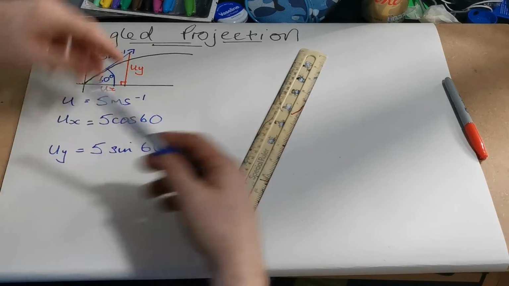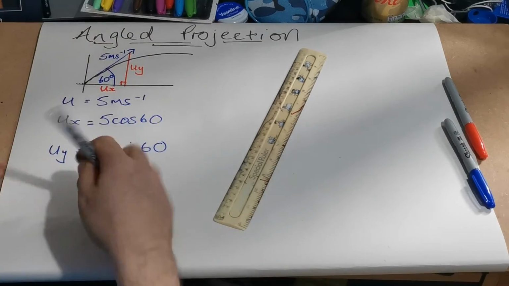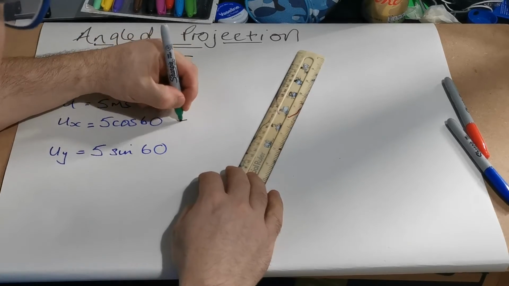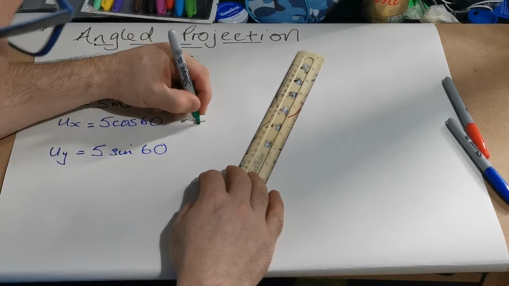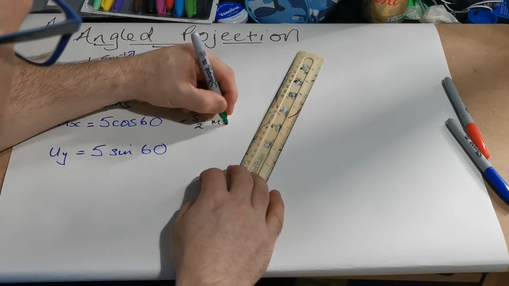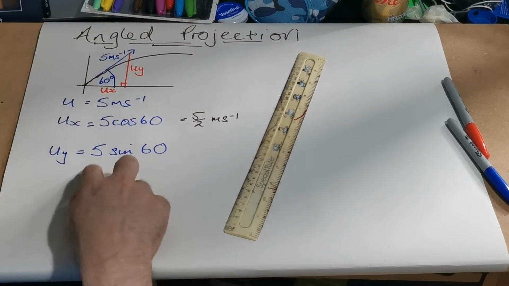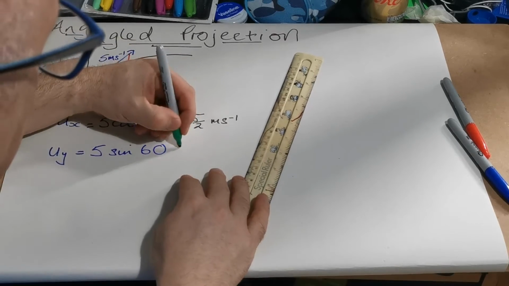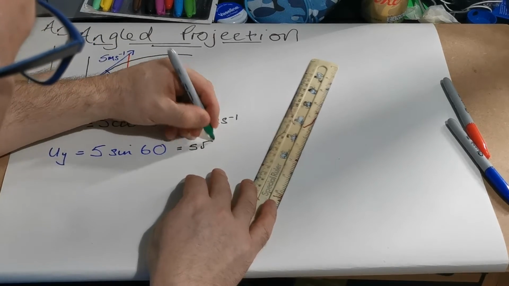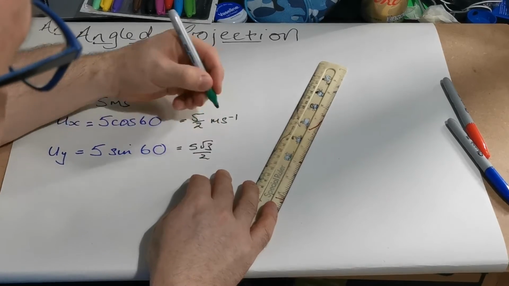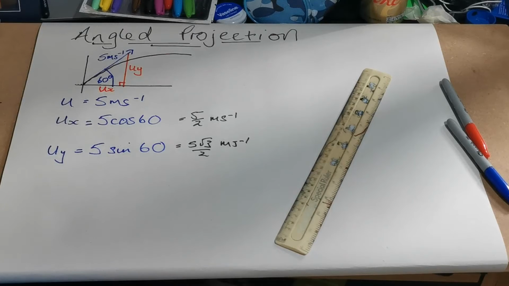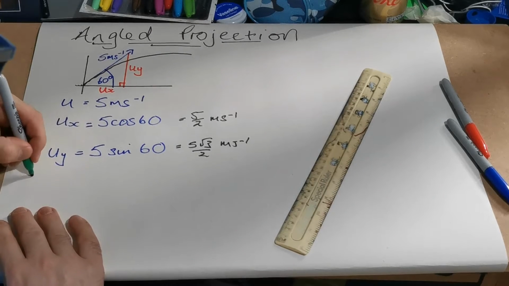which, as they are ones that we know, we might as well work them out. Cos 60 is a half, so 5 cos 60 would be 5 over 2. And sine 60 is root 3 over 2, times 5 would be 5 root 3 over 2. Now we could put that into a vector form.